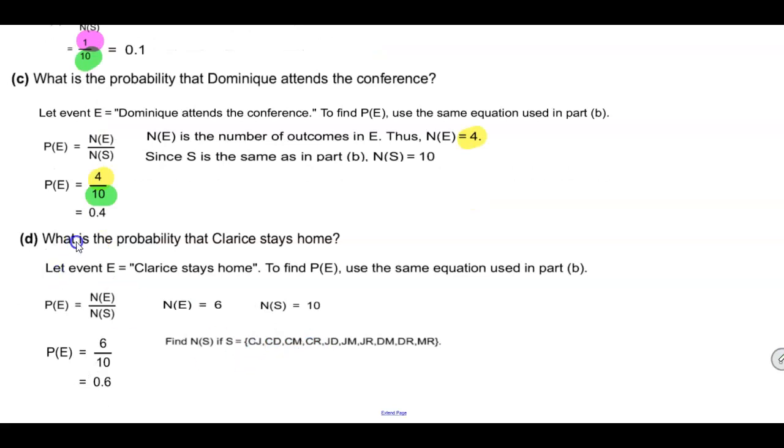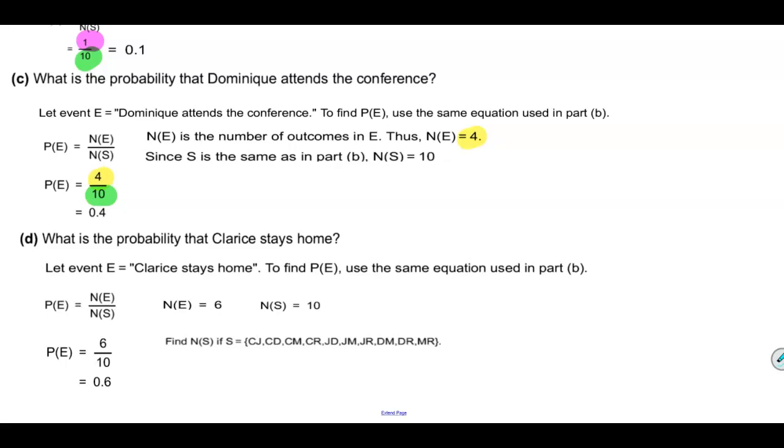So for part D, what is the probability that Clarice stays home? Well, we're going to let event E represent Clarice staying home, and we want to find the probability of that scenario. So if Clarice stays home, that means that any of the groups she is part of will not be selected.